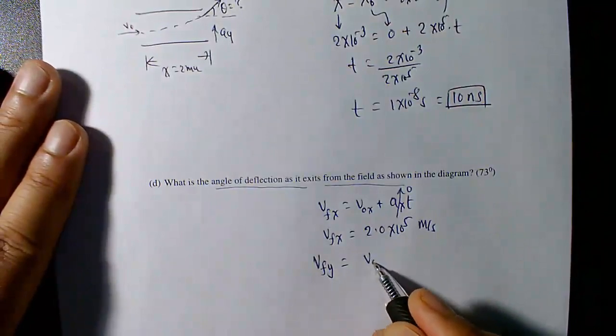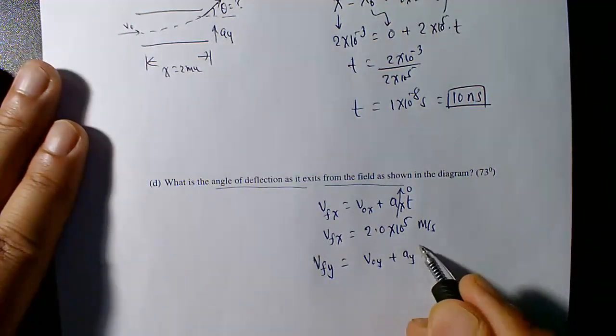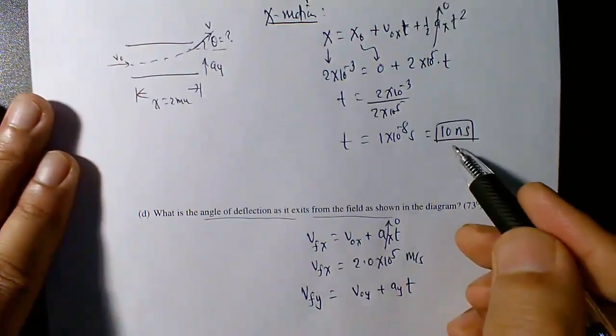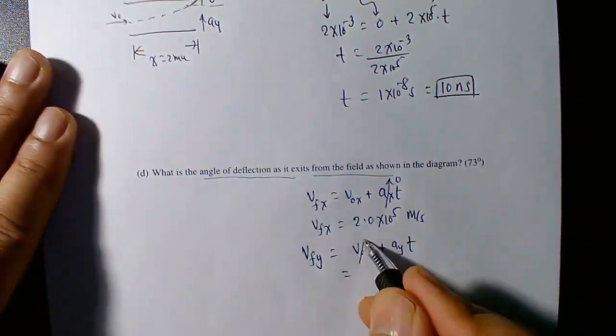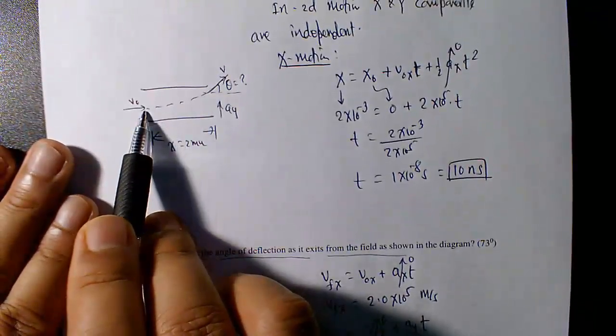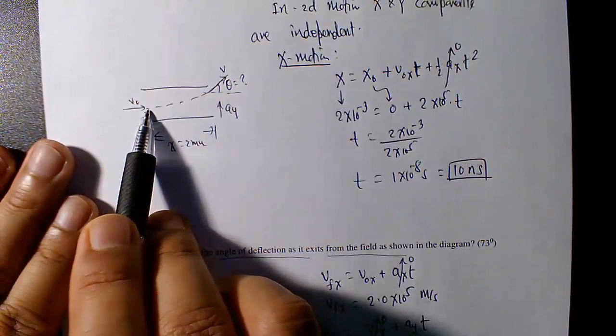Since we already know the time, and time is a scalar quantity, we can use the formula. V naught y is 0 because initially there's no component of initial velocity in the y direction.